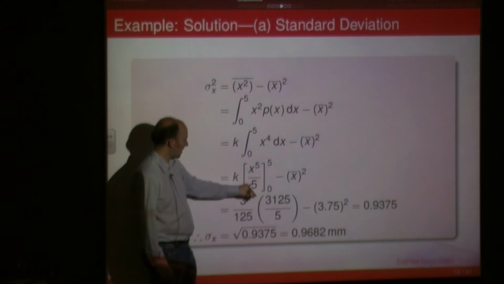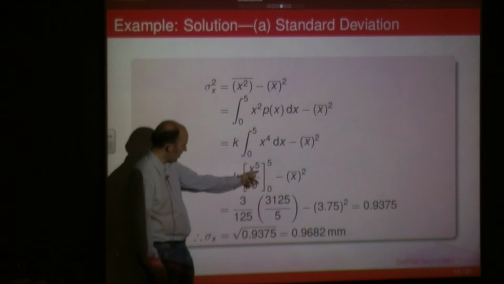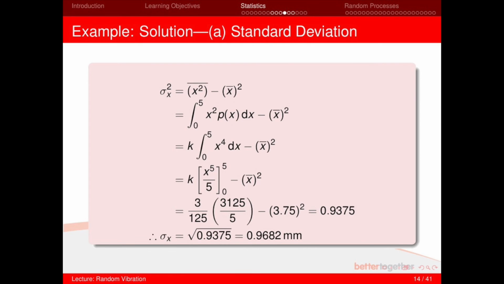This becomes x to the power of 5 divided by 5, between 0 and 5. 5 to the power of 5 is 3,125. Multiply that by k, divide by 5 over here. And then I minus my mean value squared, and I get 0.9375. To get the standard deviation, you take the square root of that and you get 0.9682 millimeters. So my standard deviation is almost 1 millimeter.